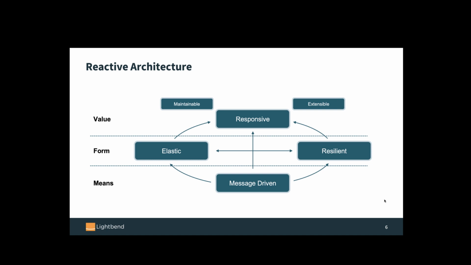And then on the right side, we're talking about resiliency. Failure is always going to happen. Things are going to get lost. There are going to be network partitions. Nodes are going to crash. We need to maintain responsiveness even in those situations. And then last, at the very bottom, message-driven is really a technical implementation detail, and the only way to really get the best of all of these features is to build applications driven by asynchronous message passing.